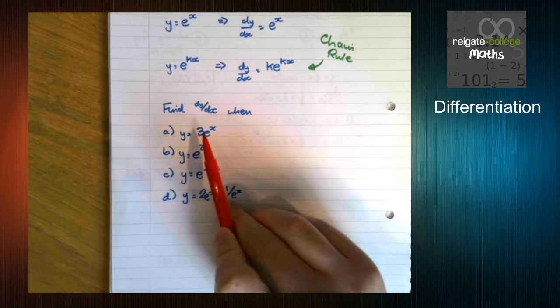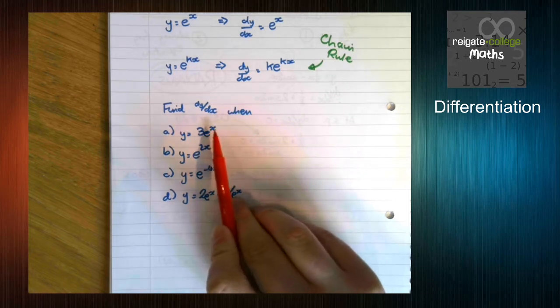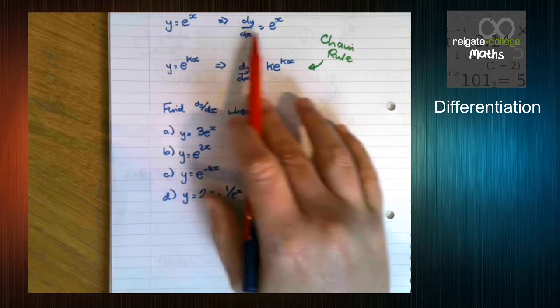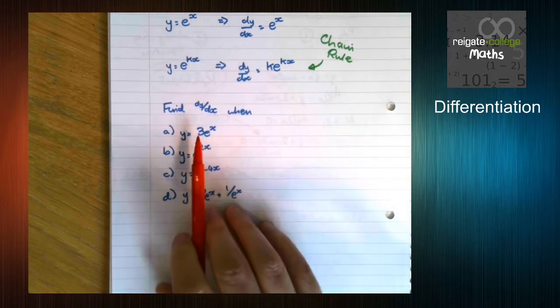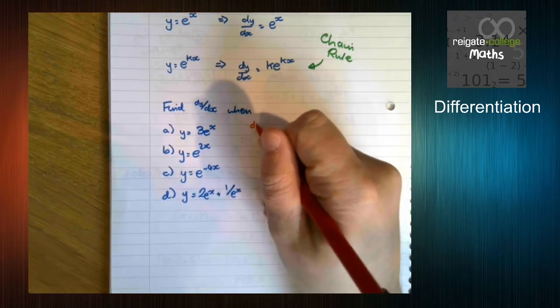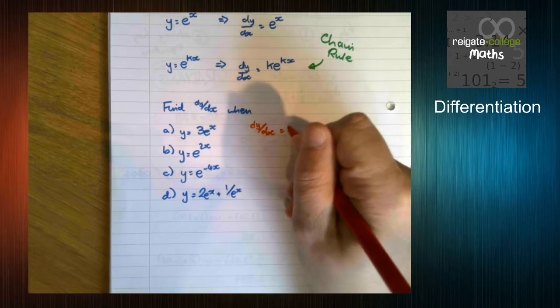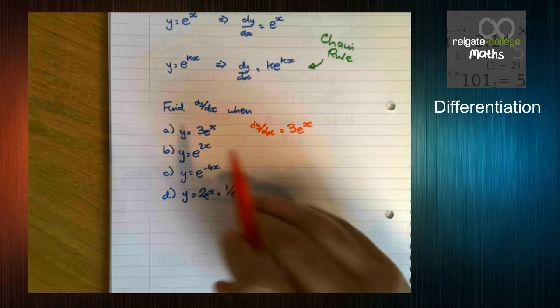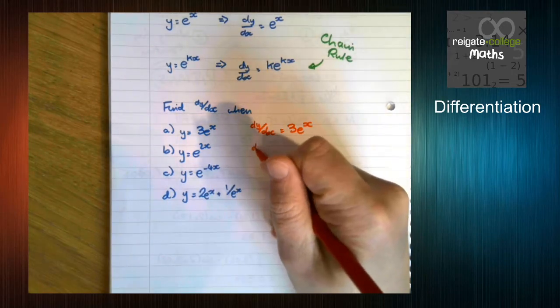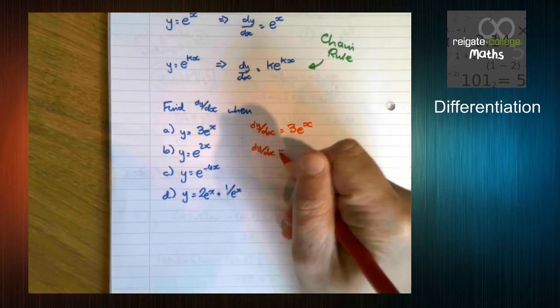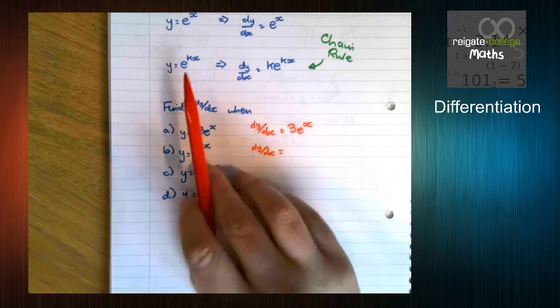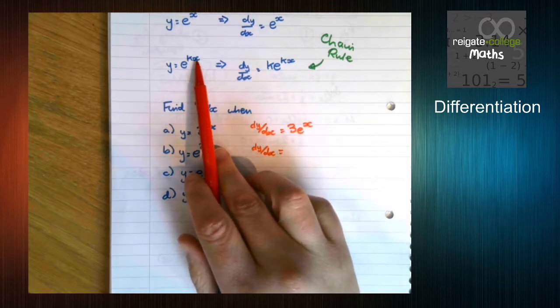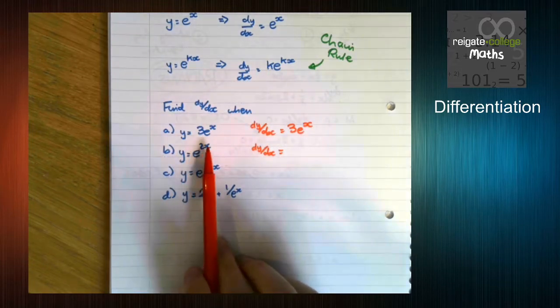So here, this one, we've got just an x in the power, which means the e to the x bit behaves in this way. The 3 on the front just stays there. This second example follows this rule. Notice how we have 2x in the power.